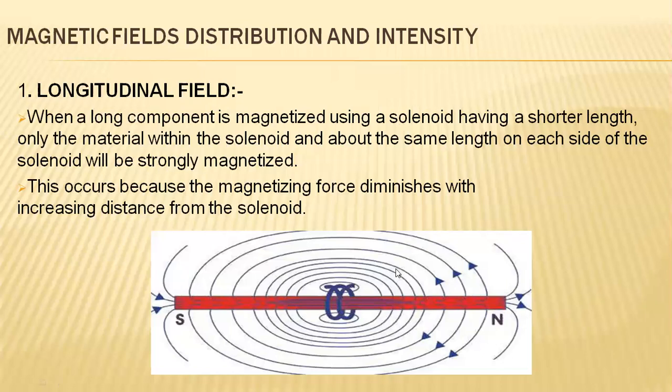So here the pictorial representation clearly specifies the electrical connectivity and the core, the material which is magnetized and inserted underneath it.